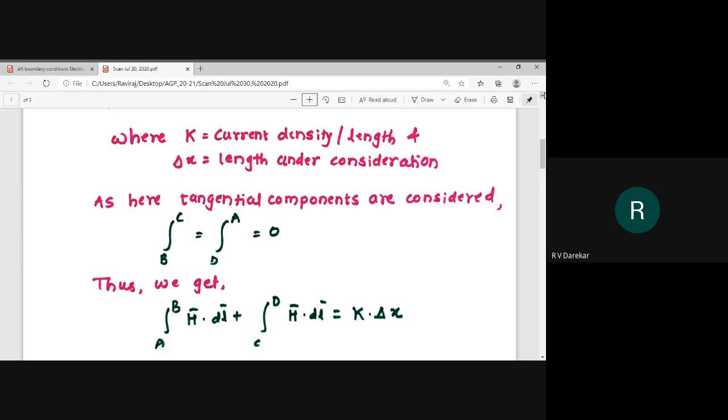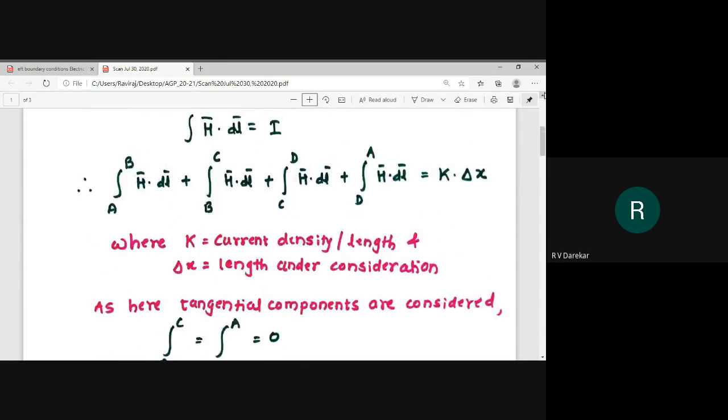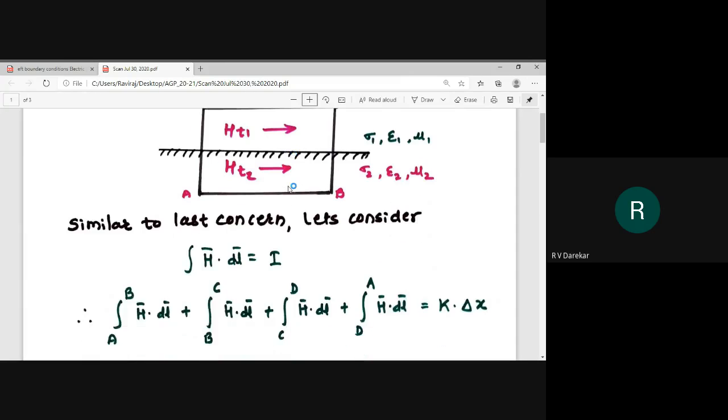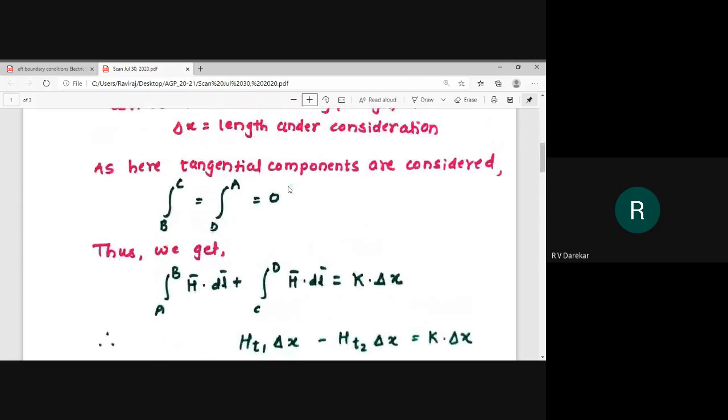As we know, h bar is nothing but the tangential component, as can be seen, it is ht1 and ht2. We can write the equation ht1 delta x after simplification of the integral, where delta x is the length.